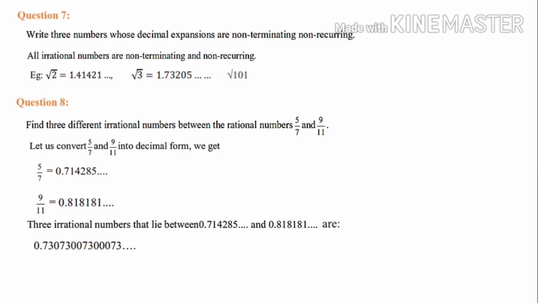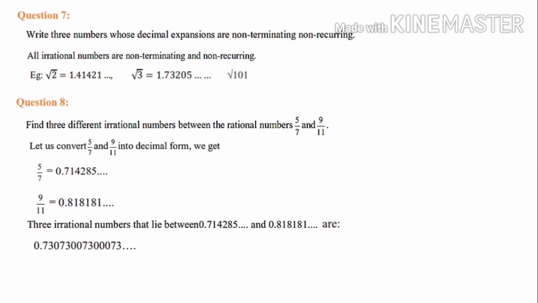We have to write non-terminating, non-recurring. Non-terminating means it just keeps on going, but non-recurring means the numbers will not repeat periodically. So 730 I have written, and the next values are 7300. One more 0 I have added, and the next set, 73000.